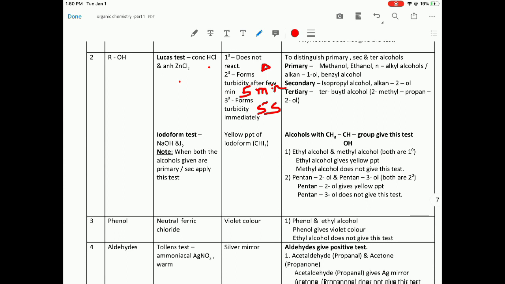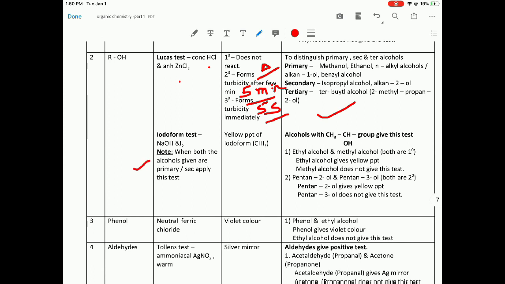So we can check the test here. For 1-degree, it's written does not react at room temperature. 2-degree forms turbidity after a few minutes. 3-degree forms turbidity immediately. So remember it as 3-degree gives a result in 5 seconds, 2-degree in 5 minutes, 1-degree responds only on heating. So for distinguishing 1, 2 and 3-degree alcohols, this is one of the best tests.